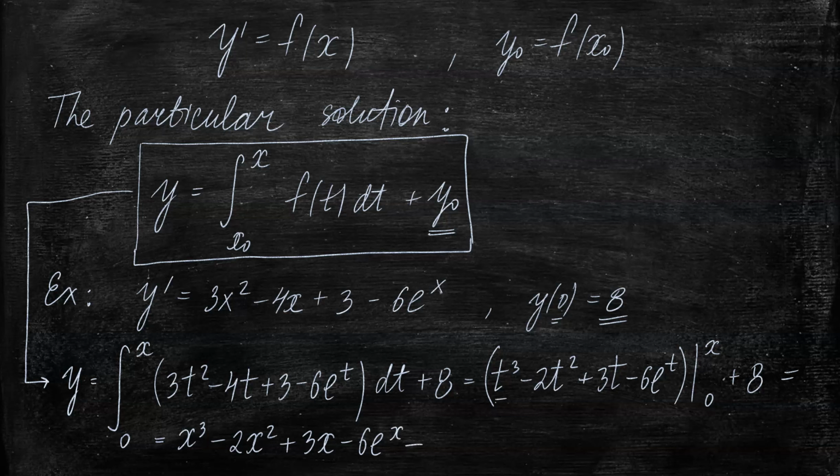So we get 0 here, here, and here. And when you plug in 0 for t in this expression, we get negative 6. And then we still have this plus 8. So adding negative 6, subtracting negative 6 and adding 8 will give us plus 14.